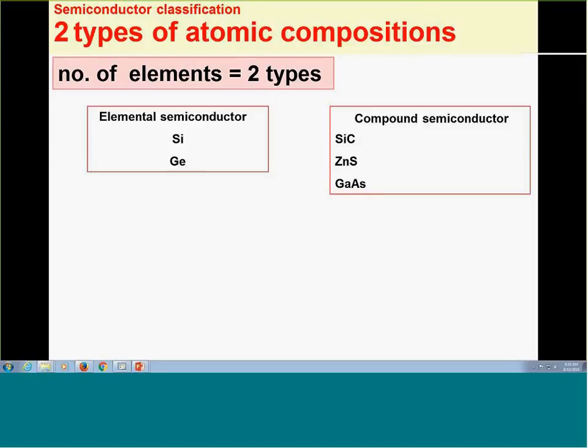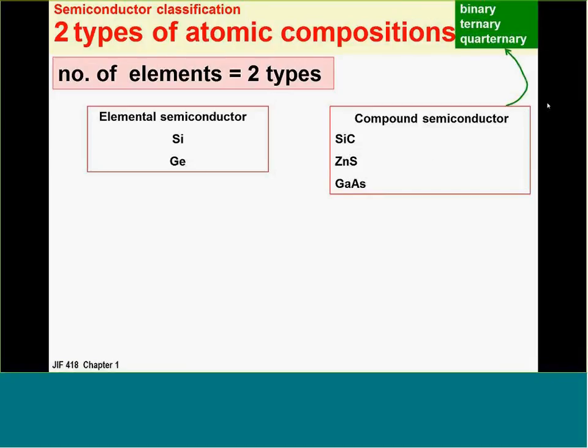So it's up to your requirement. It can be binary, ternary, and quaternary. Binary means 2, ternary means 3, quaternary means 4. So you can have 4 elements in a compound semiconductor.